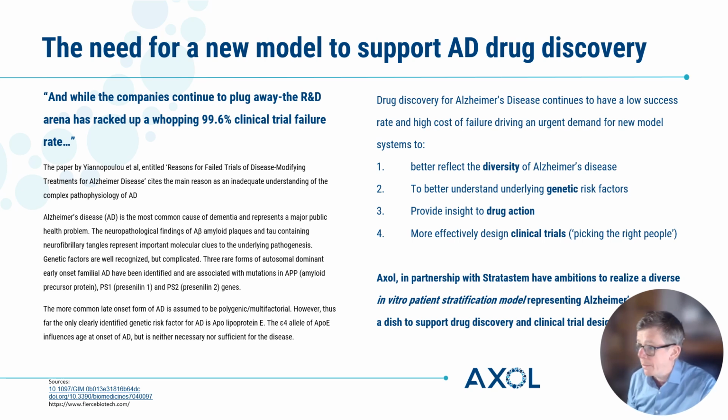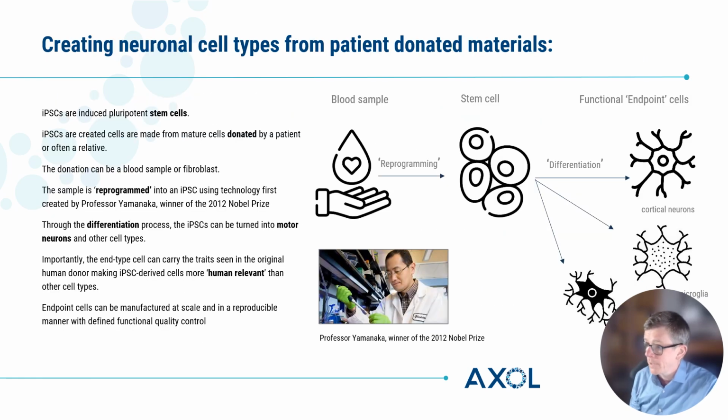So we've been working in partnership with Stratistem to put together the foundations for a new style of model, which is based on iPSCs. What are iPSCs? iPSCs are induced pluripotent stem cells. What I think is really important about stem cells is that it relates back to a patient, a person, putting their arm out and donating a blood sample.